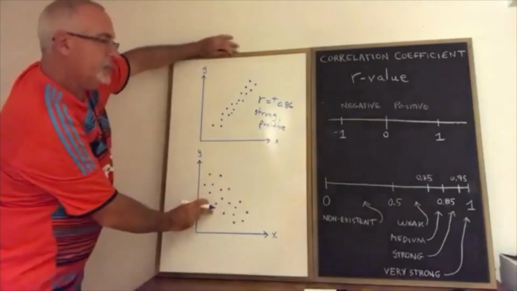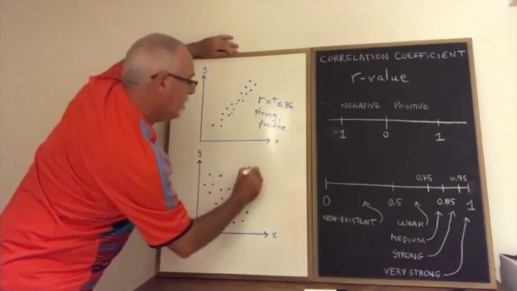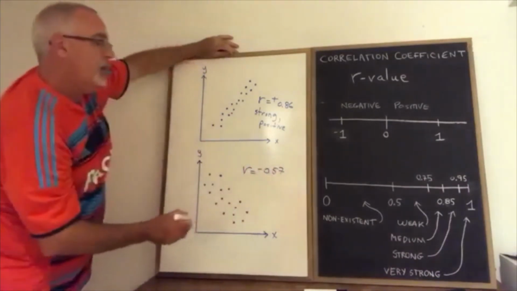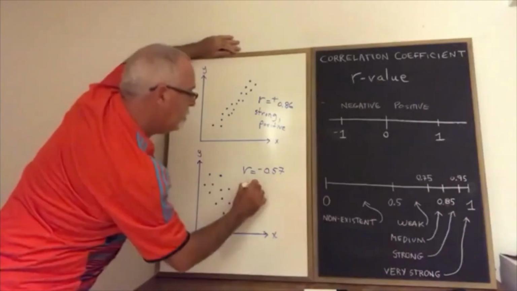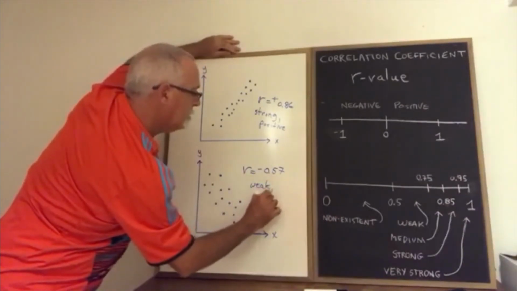And this one I would guess has an R value of about -0.57, which would be considered a weak negative correlation.